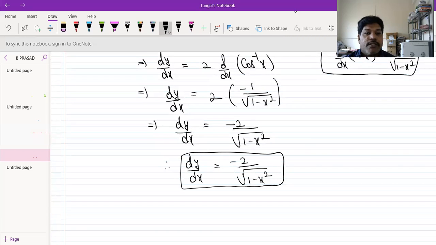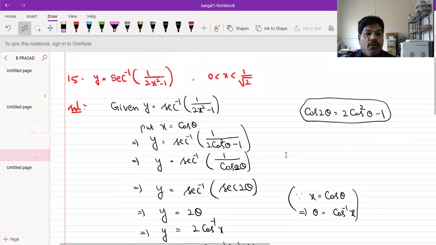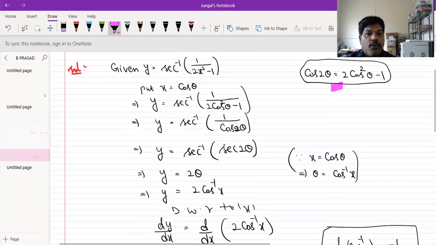So see that question, students. What I did: y is equal to secant inverse of 1 by 2x square minus 1. Put x is equal to cos theta and substitute this value here. 2 cos square theta minus 1 becomes cos 2 theta. 1 by cos is nothing but the secant, and the secant and the secant inverse will be cancelled. You will get 2 theta.